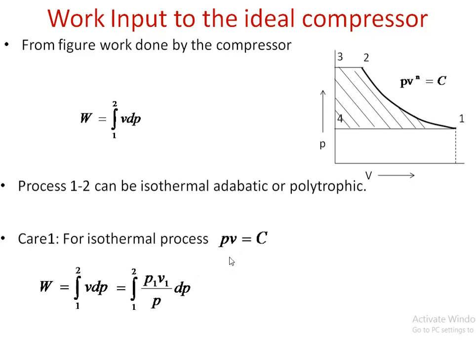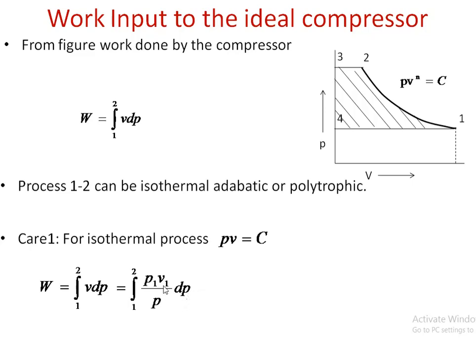If you do that, then I can substitute V in terms of P. So V is equal to P1V1 divided by P. So I have substituted V by P1V1 divided by P. So the integration of P1V1 divided by P into dP. P1V1 is constant, they are conditions at state 1.